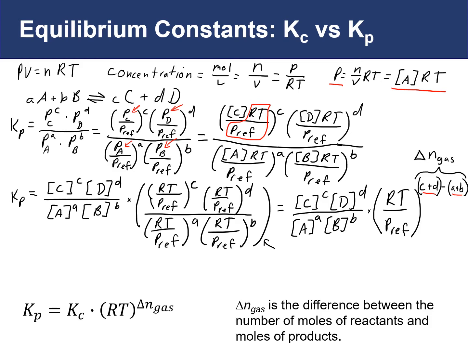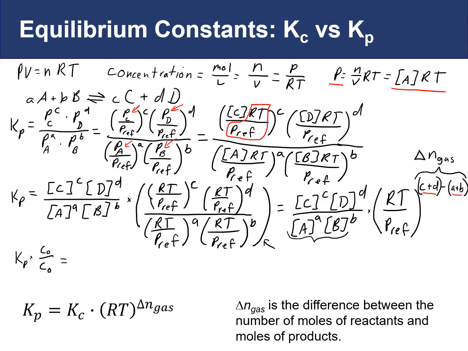Okay, so this part here is looking a lot like Kc, but it is not technically Kc yet because we don't have our hidden units of our reference concentration. So we're going to take our Kp, multiply it by 1, and that 1 is going to be the reference concentration divided by the reference concentration. So we're going to essentially take our Kp value, multiply it by C0 over C0, our reference concentrations.